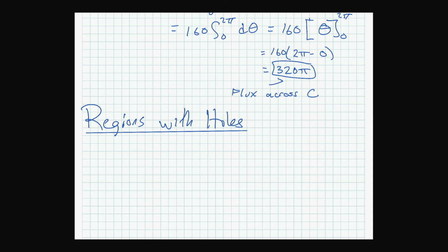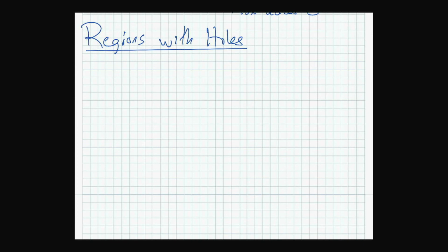Okay. So with what we have so far, you couldn't apply Green's theorem to a shape like this.